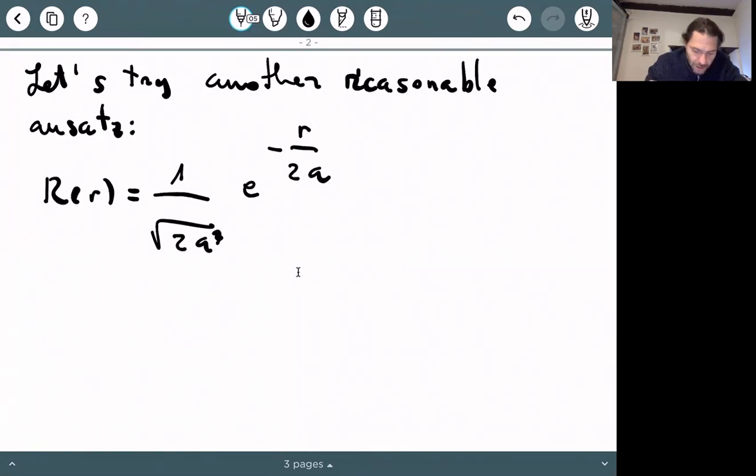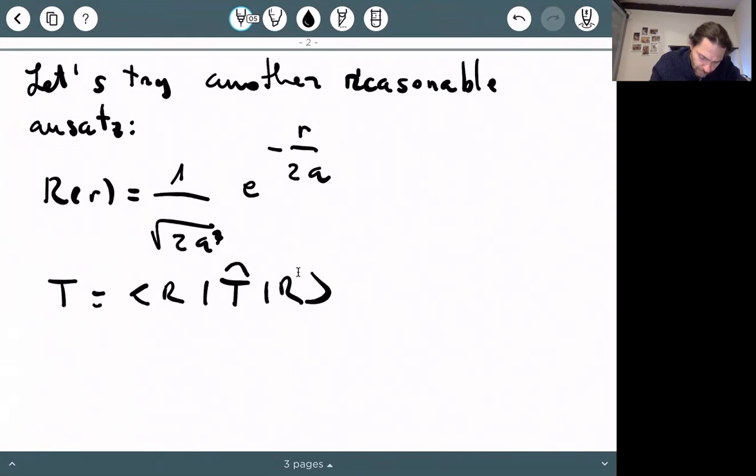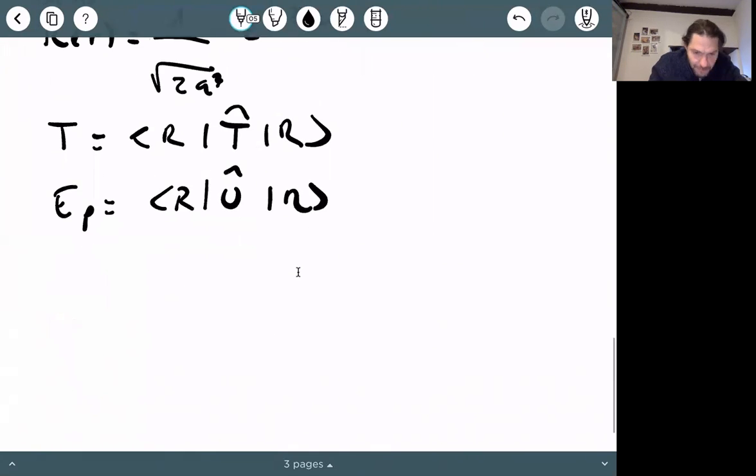So again, you can use this to compute the kinetic energy expectation value, which I call T. You can use it to compute the potential energy and sum things up. And in this variational ansatz, the result is 1/(8a²) minus 1/(2a).